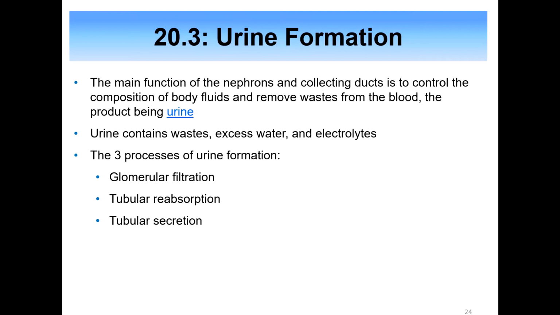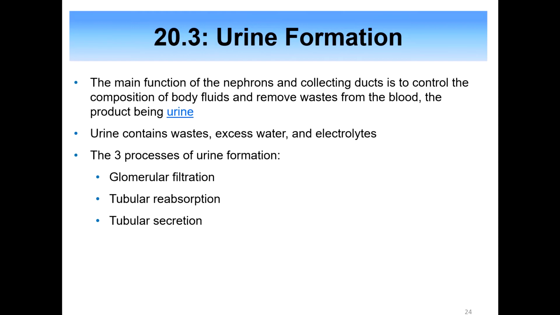All right, the main function of the nephrons and the collecting ducts is to control the composition of the body fluids and remove waste from the blood. The product of this process is urine. Basically, again, we are maintaining homeostasis by controlling what is in the blood. Now, the liver does some of that also.